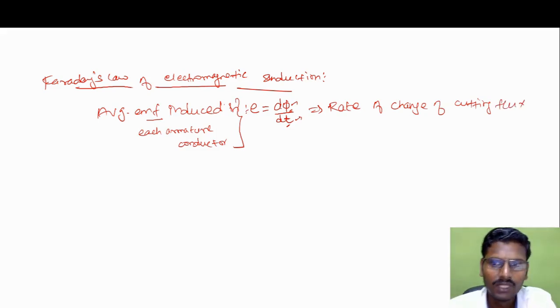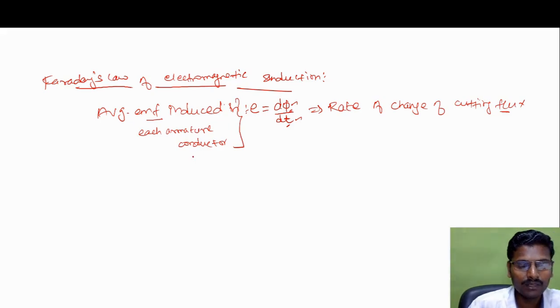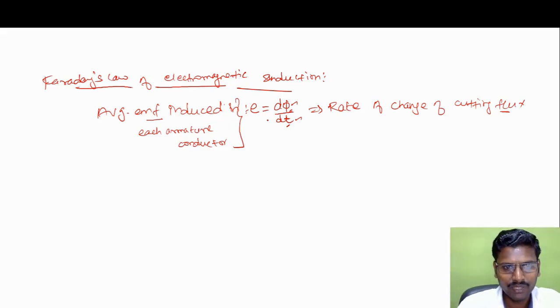As I already told, flux occurs due to the energization of the field winding and the armature winding. We have used d phi divided by dt because flux will change with respect to time. So to denote the rate of change, we have used d phi by dt here, right?